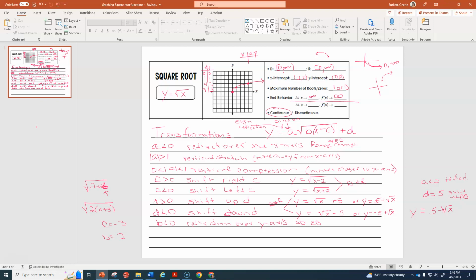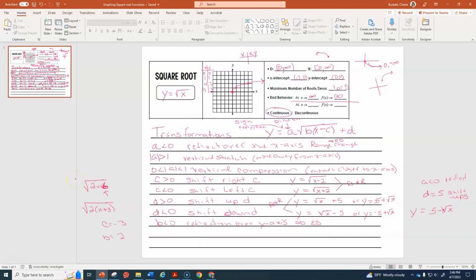Your end behavior changes because you now have left end behavior, because if you're going to the left, then as x goes to the left, my y is going to go either up or down, depending on how it's flipping. So reflecting it changes your domain, and it also changes your end behavior.